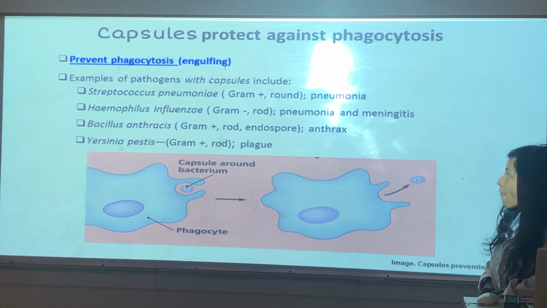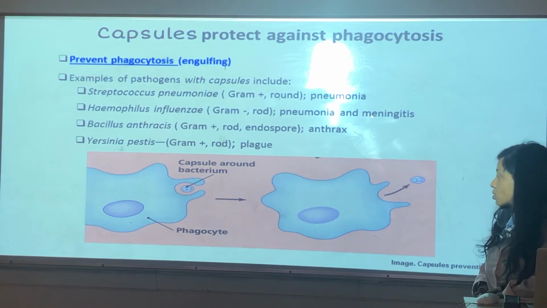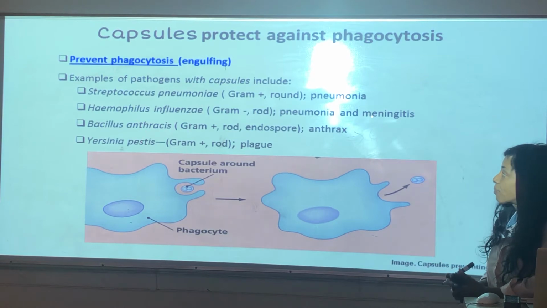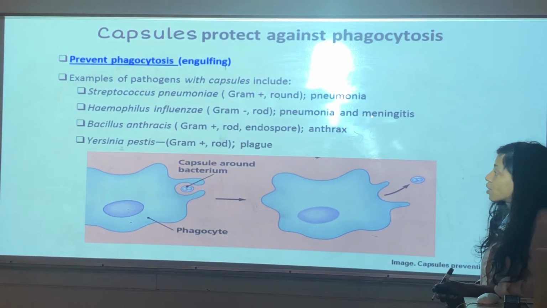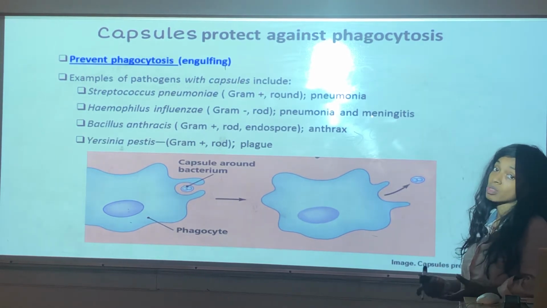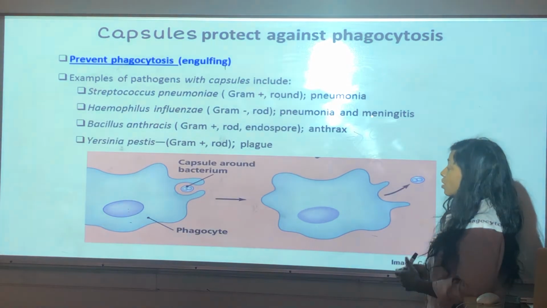So the capsule, although it can be used for attachment, also protects many of the organisms against phagocytosis. There are several organisms, many of them pathogenic bacteria, found here, and you can see the corresponding diseases. They use the capsule, and that helps them to be more successful in their invasion.